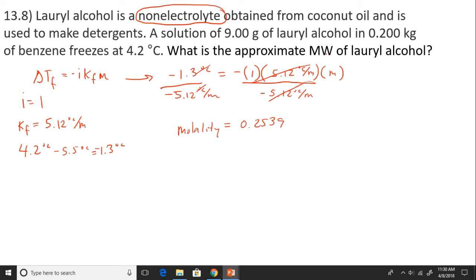We need to know what is the approximate molecular weight of lauryl alcohol. So hopefully we know that molality equals moles of solute over kilograms of solvent, and in this situation our molality equals 0.2539.